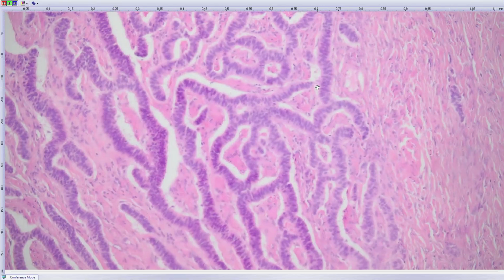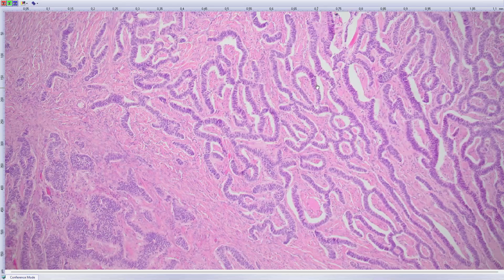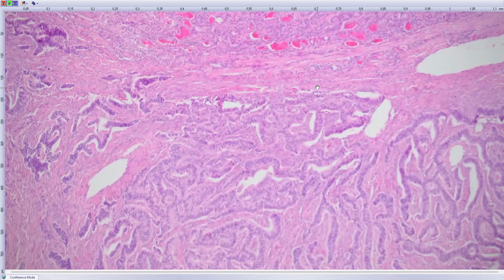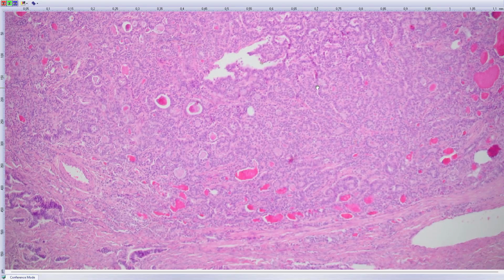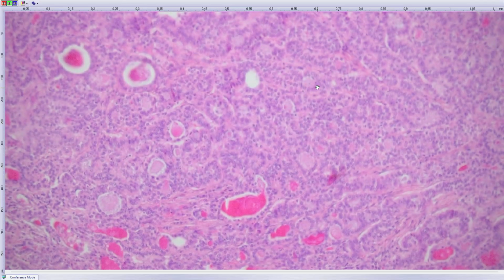Here is another H&E slide from the same lesion. Very nicely you see that neuroendocrine-like proliferation. The same patient, with the struma. You can still see the struma and something in between.